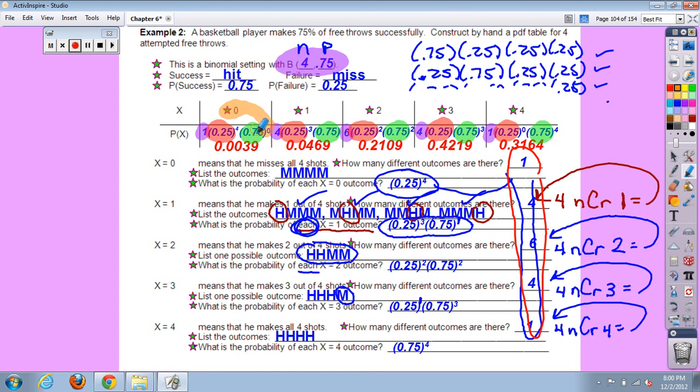And then the exponents. So with x equals 0, the 0 is where I want to see my probability of success as the exponent. And then I take my n, my 4 in this case, and subtract it from this, and that's how I get the exponent for my misses. So if I had 4 minus 0, my miss probability, 0.25, is going to be to the 4. And then if I have my 1 make, that is my exponent here.